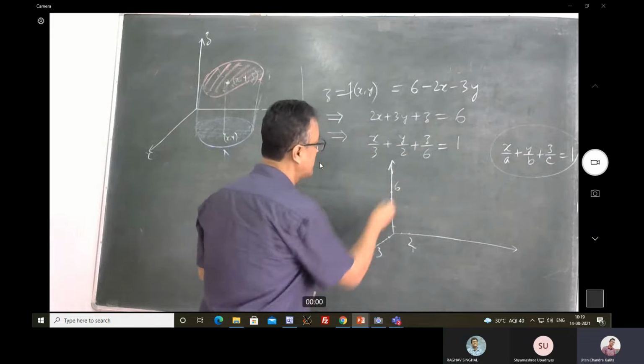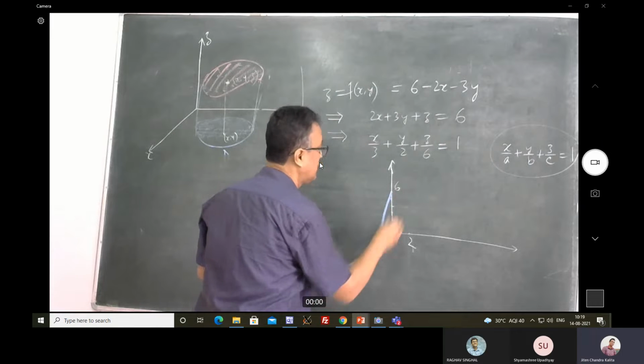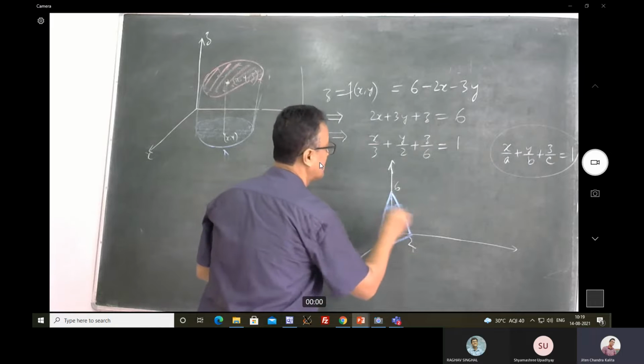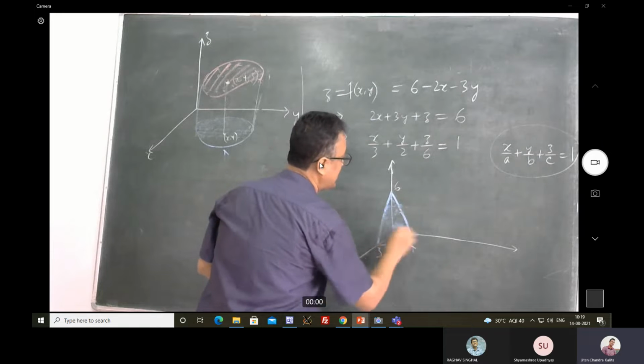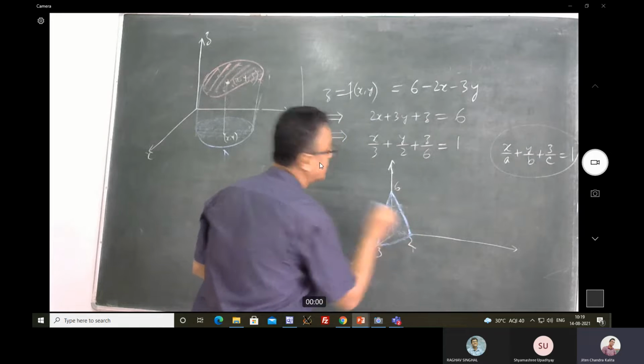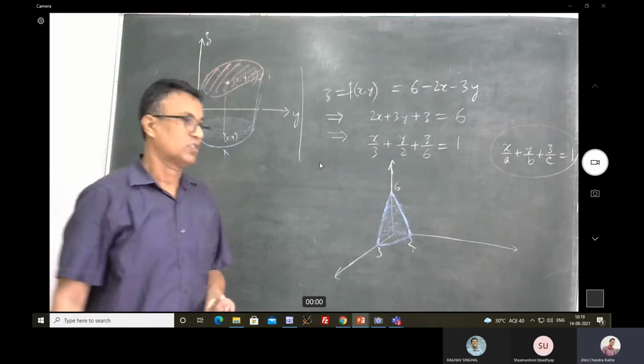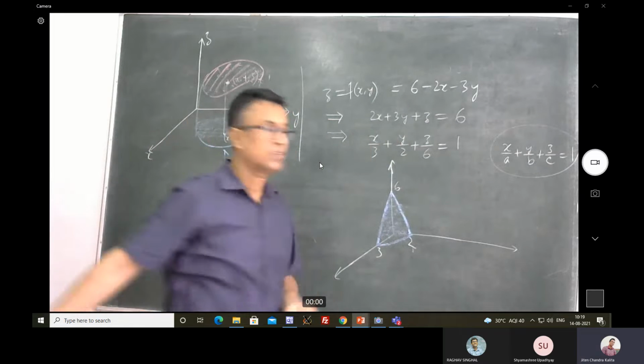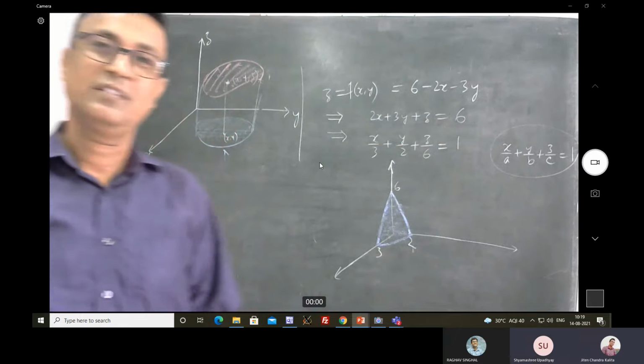So what is going to happen? This plane is going to be the graph of my function f of x, given by this. Is it okay? Yes, sir.